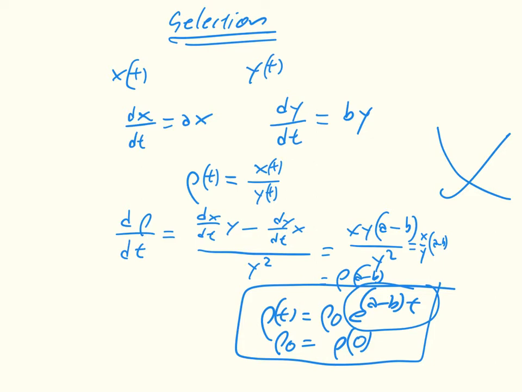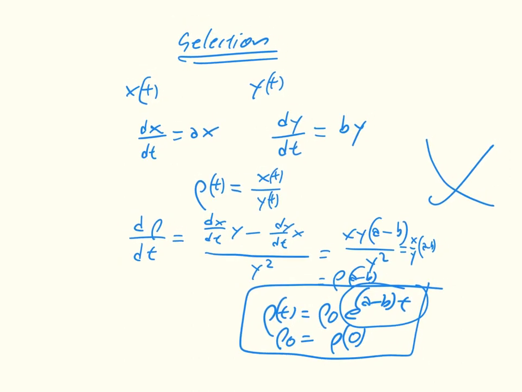And basically, if the first type reproduces faster than the second type, they will take over, and if the second type reproduces faster, they will take over. So nothing too interesting there, but this is the basis for selection. Things are going to start to get interesting when we constrain this somewhat.